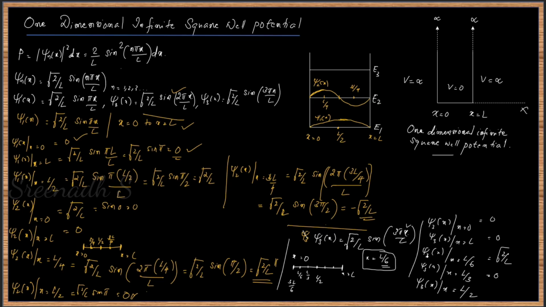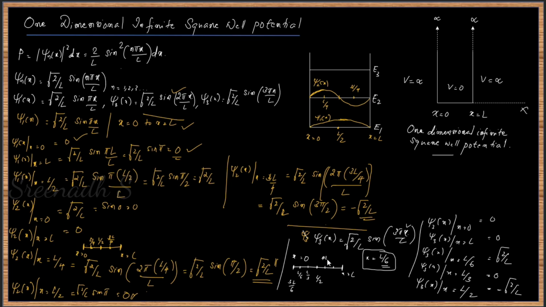So it is minus square root of 2 by L. Then L by 2 plus L by 6 is 4L by 6, which is actually 2L by 3.